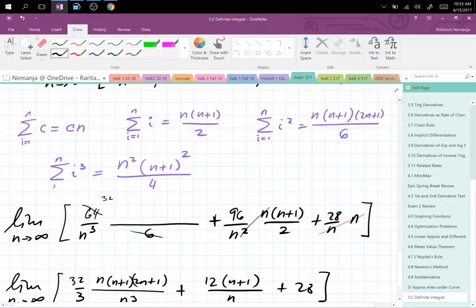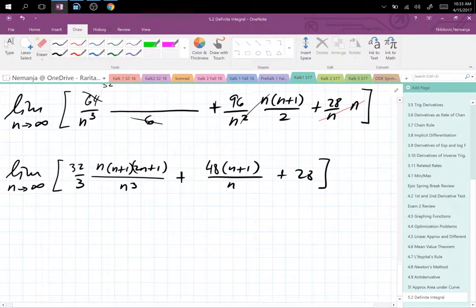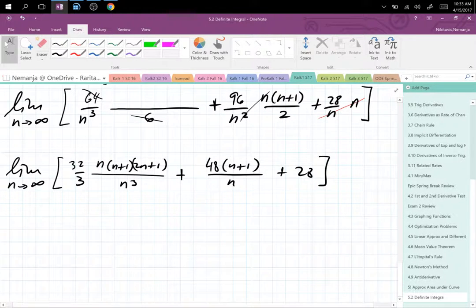That one doesn't cancel with 2, but it cancels with 2 to give you 48. And the last number is good. All right, so now calculate this one more time. So this is going to be 64 over 3, plus that's 48, and then plus 28.